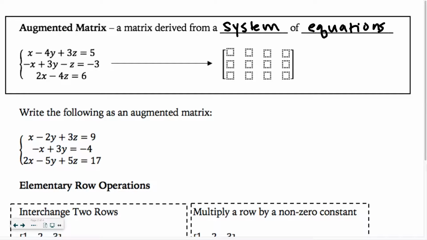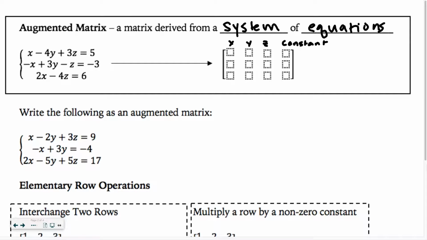I can place that into an augmented matrix. Each row is going to be one of the equations, and each column is for a specific type of term. Since I have 3 unknowns, my first 3 columns will be x, y, and z. My last column will be reserved for a constant.